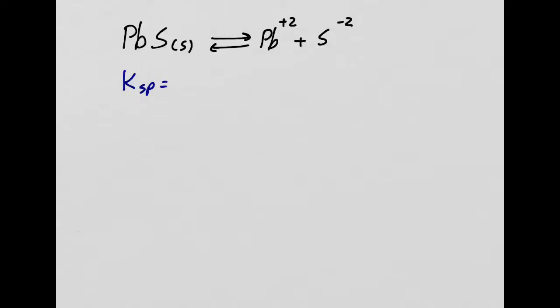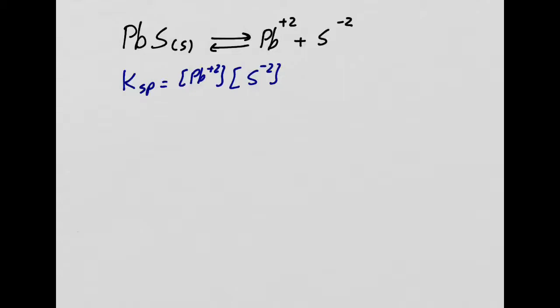So my product is the concentration of lead 2 times the concentration of sulfide, but what is my reactant? It is a solid, so I'm not going to include the solid in the equilibrium expression. So this would be my KSP. So far so good?